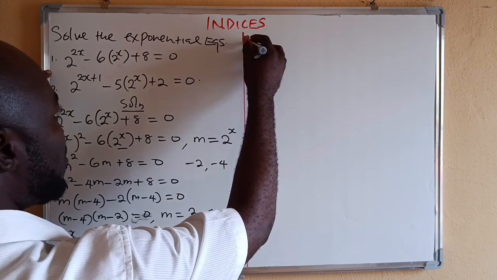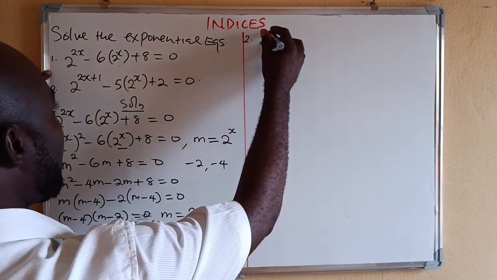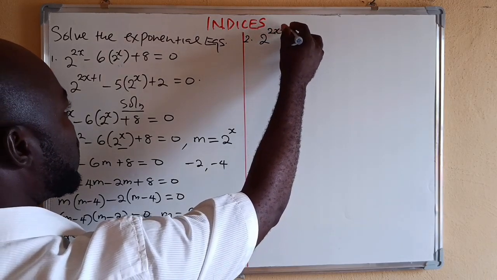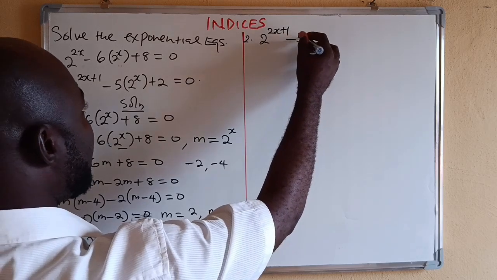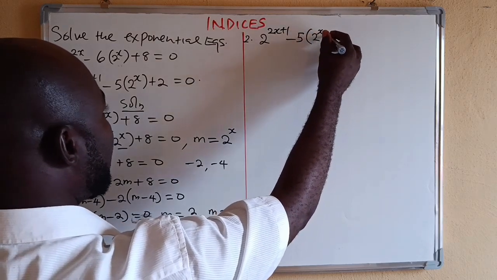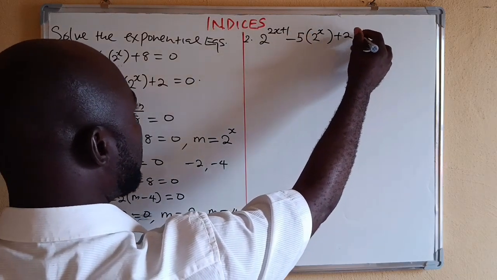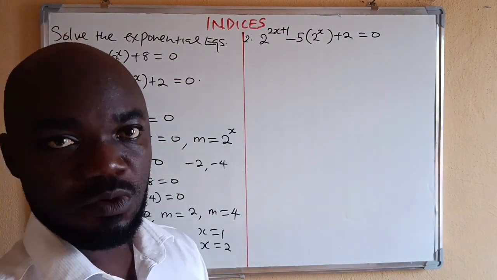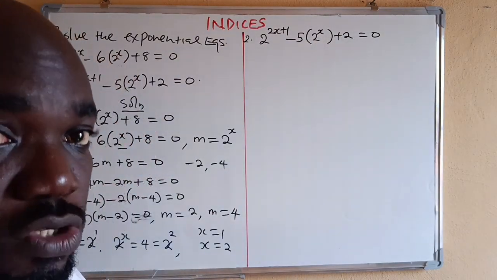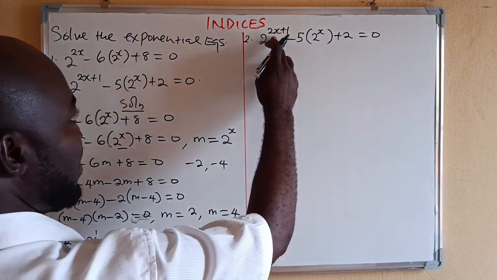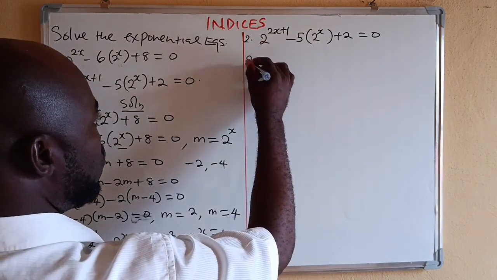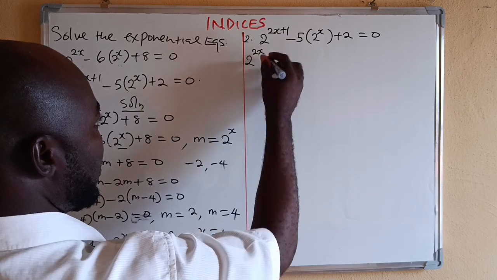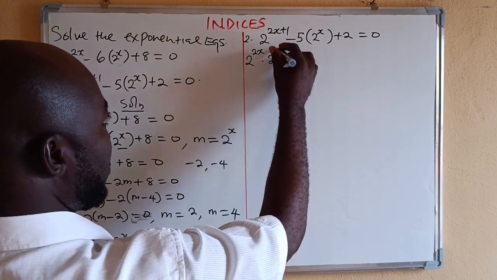The number 2 question says 2 to the power of 2x plus 1 minus 5 bracket 2 to the power of x, then plus 2 will give me 0. I'm going to rewrite this 2 to the power of 2x plus 1. Then watch closely what I'm going to do. This simply means 2 to the power of 2x multiplied by 2 to the power of 1.